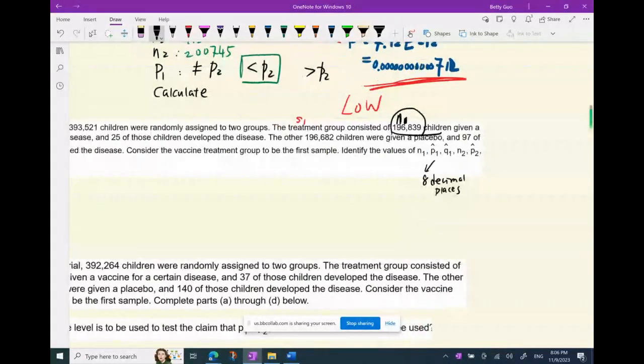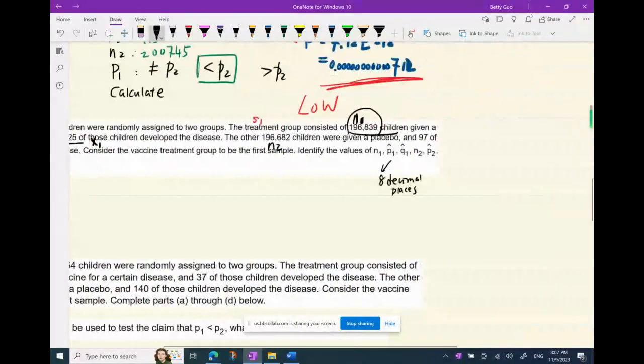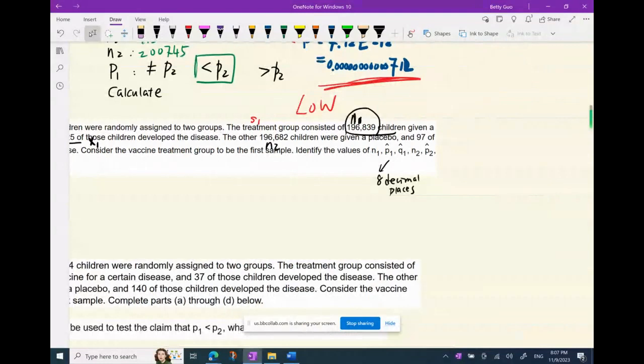Given the vaccine for a certain disease, 25 of them developed the disease. This is the number of successes, 25. The other group is the placebo group, so that's n sub 2, the sample size of the second sample, and 97 of them developed the disease. So this is X sub 2.